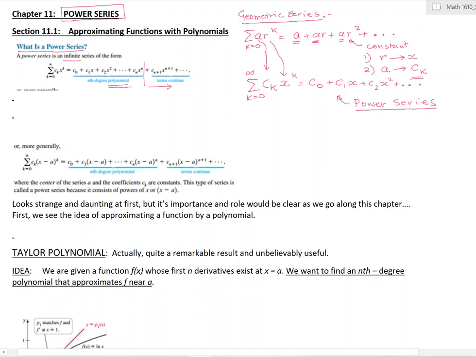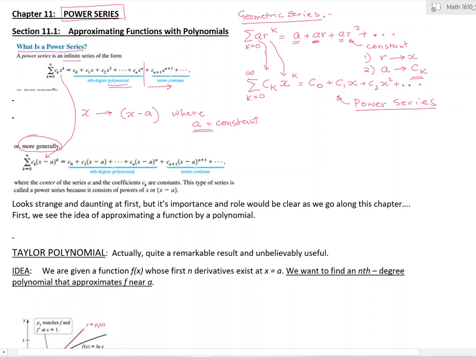Now let's go to a more general form, just a small change: instead of x, we are going to use x minus a, where a is a constant. This a has a very important role to play.